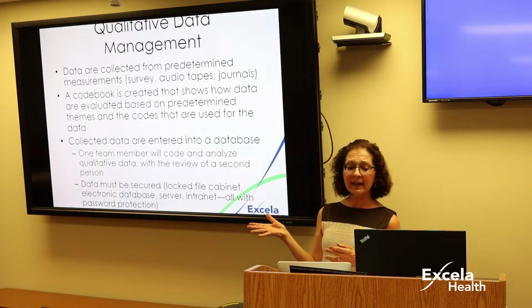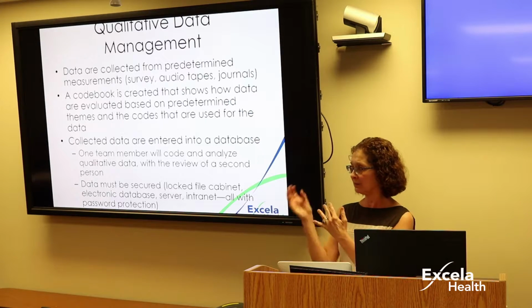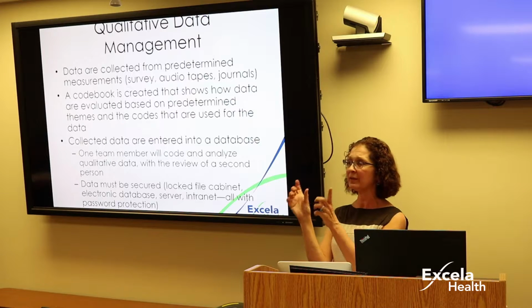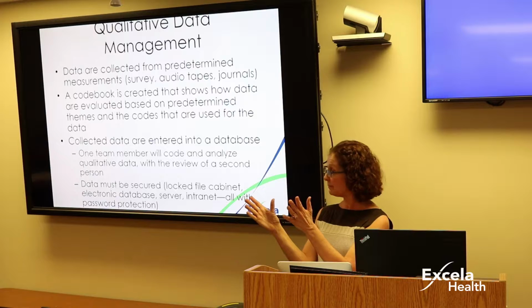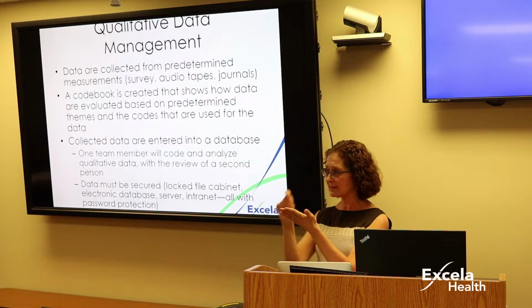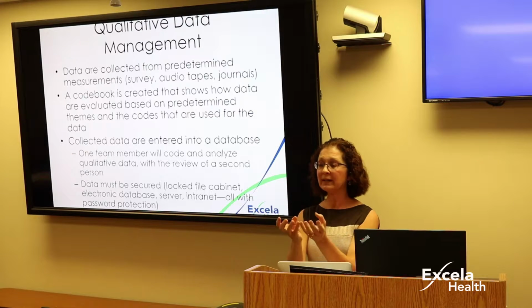When you're doing qualitative data, which is a little more involved, you might have written words, and you have to take the written words and put them into themes. You might have a video that you're watching, and you have to decide how you're categorizing people's movements or what it is that they're doing.